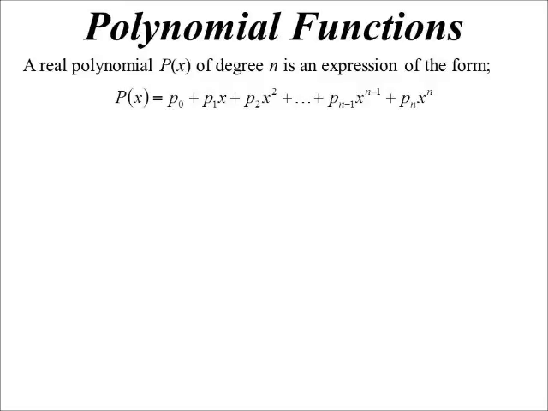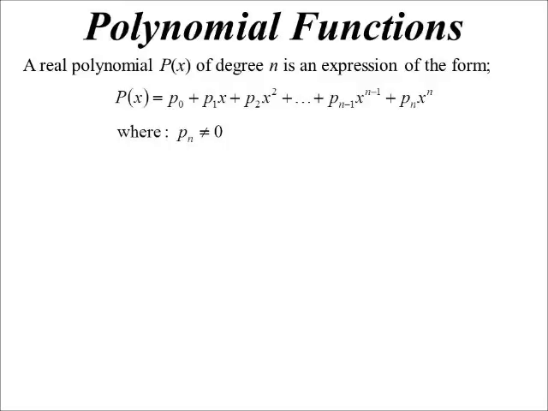A polynomial is set up this way. So we have basically a string of algebraic terms and the powers of x. Well, let's define them. Now, this is trivial, of course. Pn, the coefficient of x to the power of n, can't be 0, because if it was 0, it wouldn't be there.